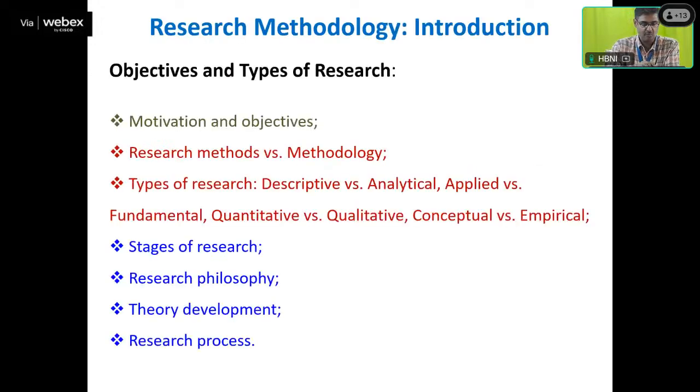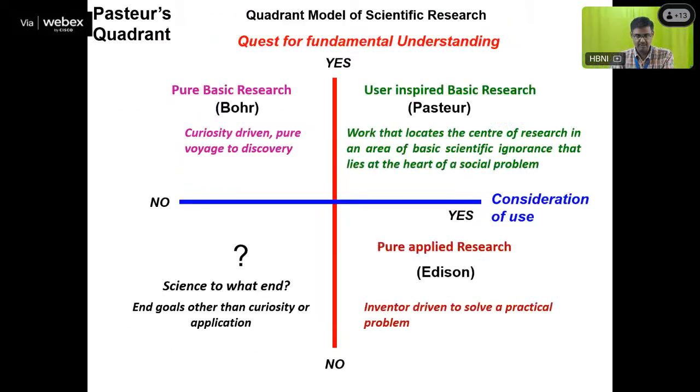We did what research motivation is and what the objectives of research are. We did this in the last class. I hope everybody is able to hear, right? And then in today's class, let us revise the Pasteur quadrant, which I found very interesting, and how research can be divided into 4 objectives.